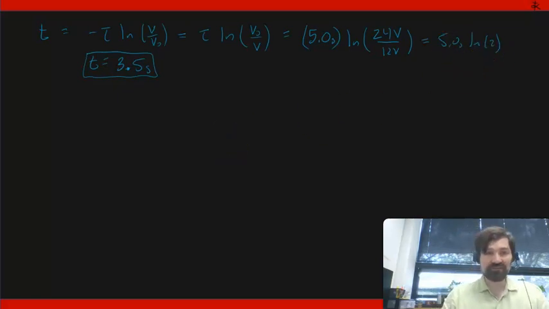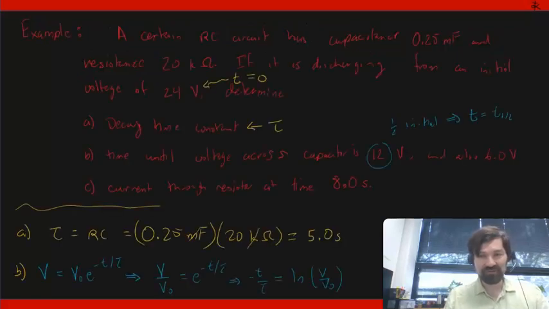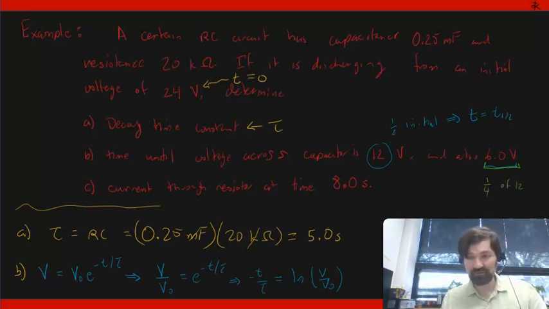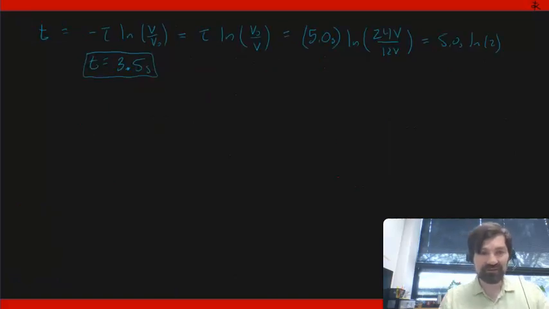So by similar notes, this right here was the time to get to 12 volts. The other one that we're looking for is 6 volts. And that 6 volts value is 1/4 of 24 volts, excuse me. So this is a quarter time. And so that should be 5.0 seconds times the natural log of 4.